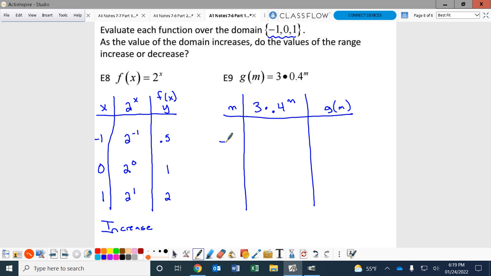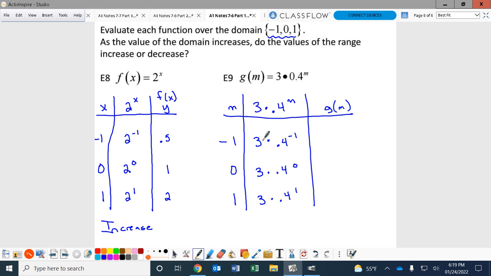So we have to plug in -1, 0, 1 for our domain. Remember, domain is always the thing you plug in. Range is what you get as an answer, so let's plug it in. 3 times 0.4 to the -1, 3 times 0.4 to the 0, and 3 times 0.4 to the 1.